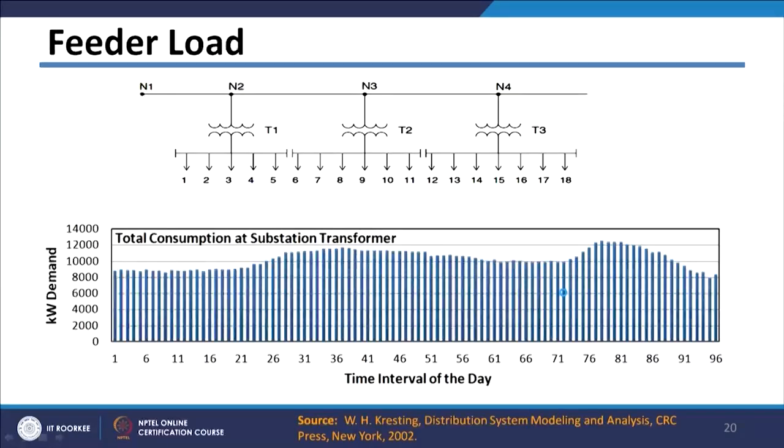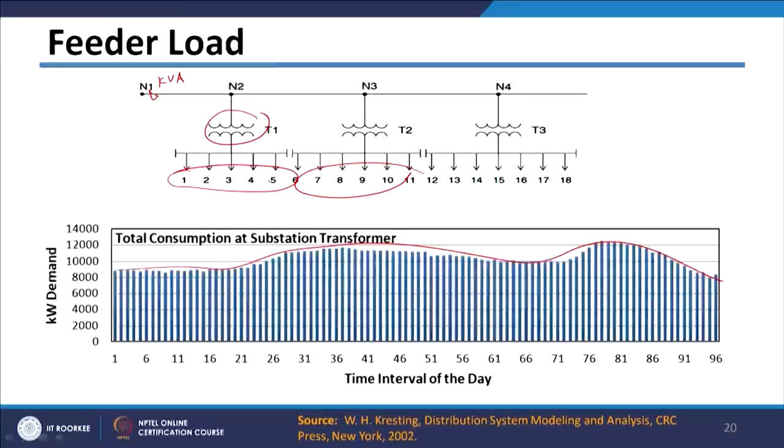And finally, as I told you, if you have many distribution transformers and you add these loadings together at the substation level, the kVA which is flowing through this particular feeder will be almost flat. There will not be abrupt changes like those we observed in the case of an individual consumer or an individual transformer.